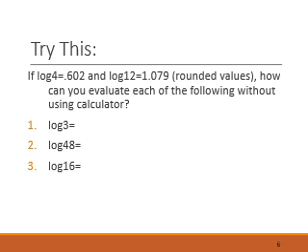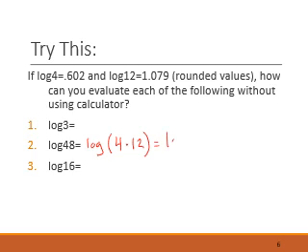How can we figure out the common log of 48? Well, it's a similar exercise. First step is to recognize that 48 is just 4 times 12. Again, the reason I'm using 4 times 12 and not 24 times 2 is because of the logarithms that you gave me in the problem.